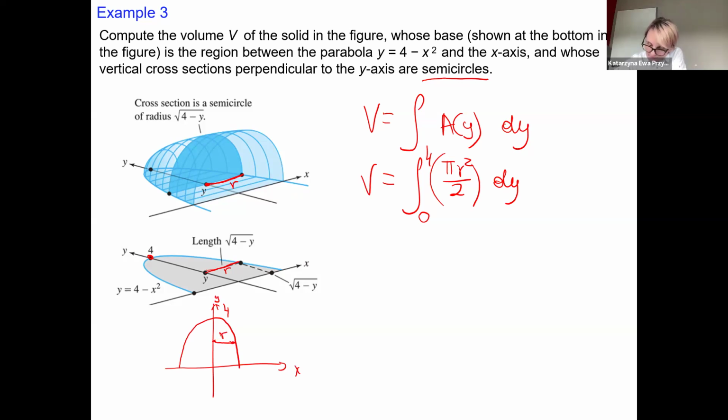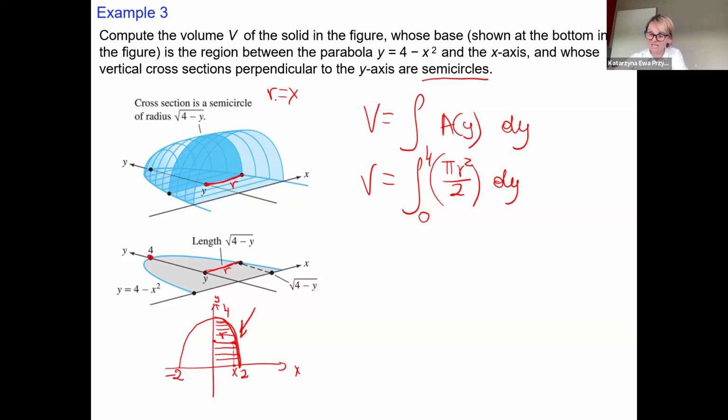If I project, this is -2 and 2. On the x-axis, it's the distance from 0. That means the radius is theoretically x. But that radius depends on that curve. It will be here, here, wherever I slice.